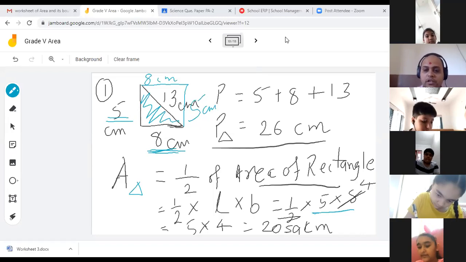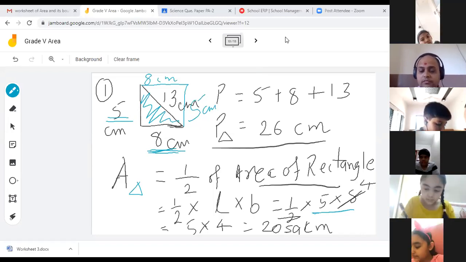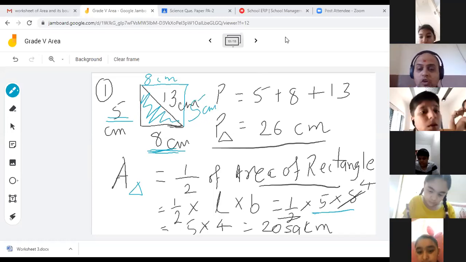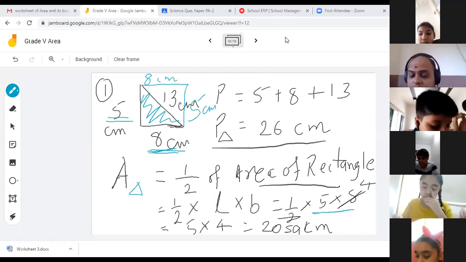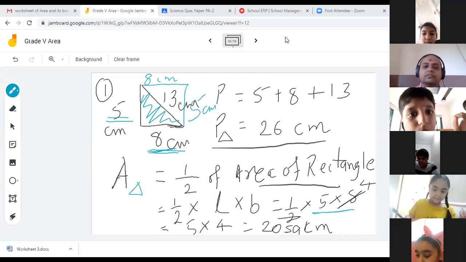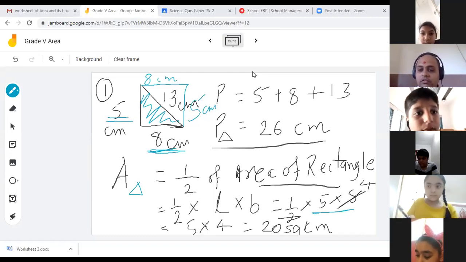Mahir Shah has a question now. Yes, Mahir, bolo beta. What is the meaning of square centimeter? Okay, Dwij, yes, we will get to your question now. हाँ बोलो.